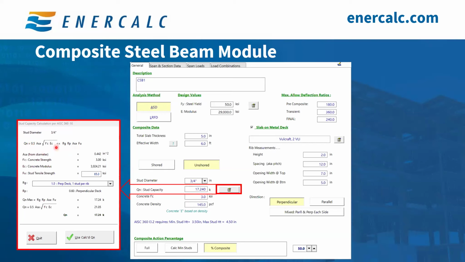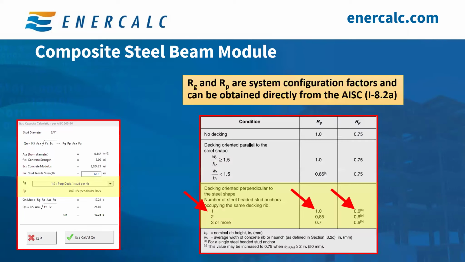And the second part of the equation, area of steel and FU, those are there. And we have these two right here, RG and RP. And these are system configuration factors. So to understand this further, the user will need to refer to the AISC table I8.2a. And to make your life a little bit easier for the purpose of this presentation, I already brought this table right here.